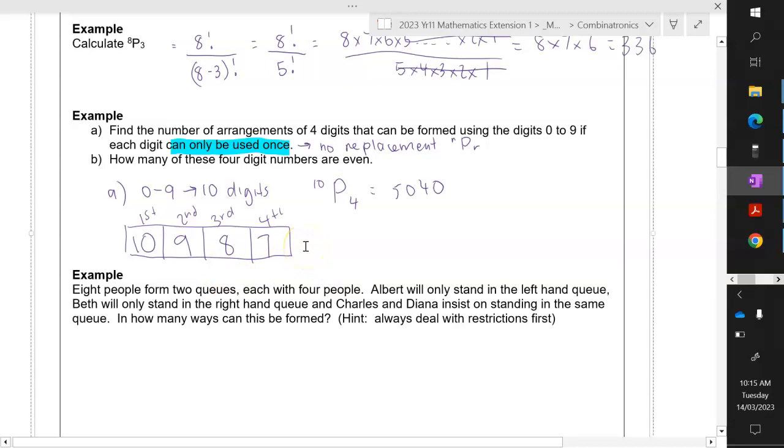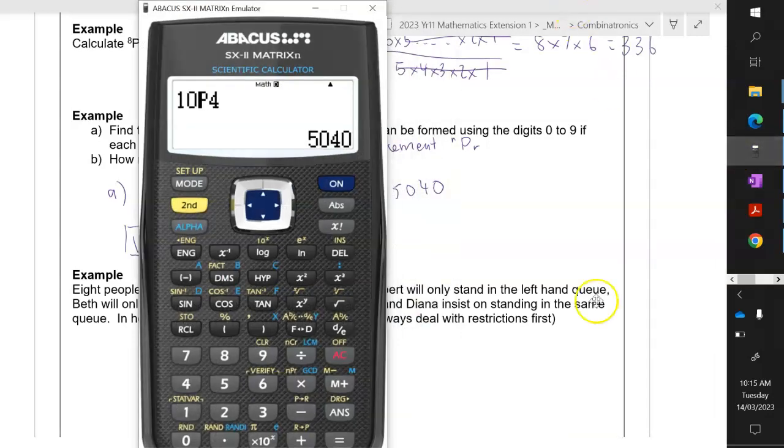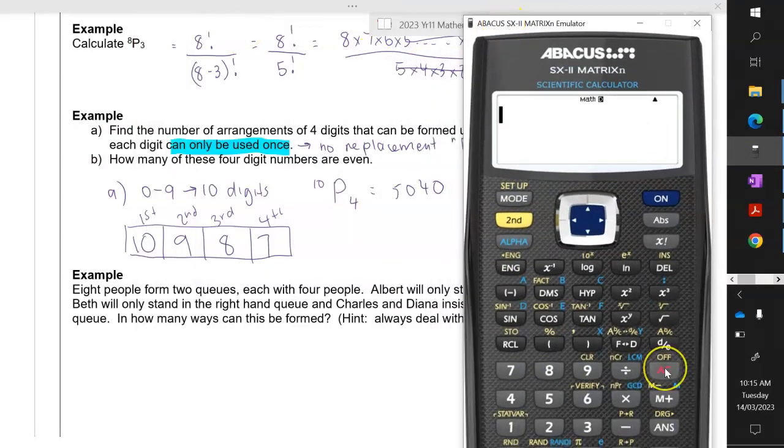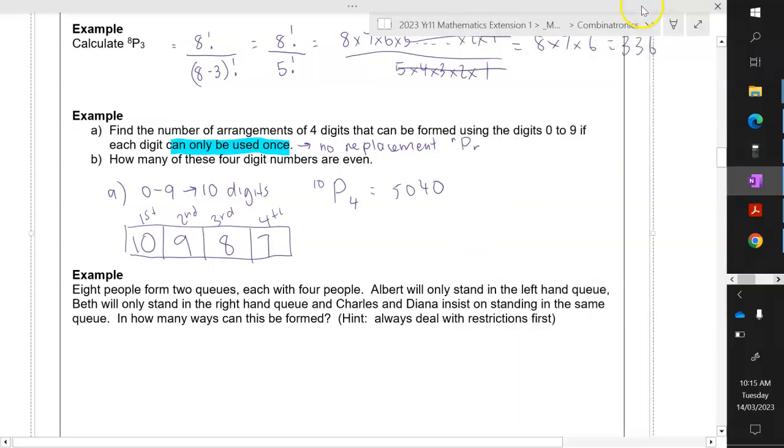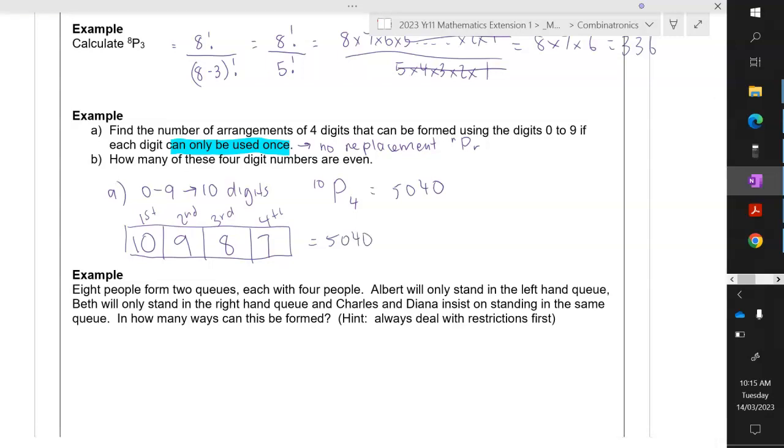So just for interest's sake, grab your calculator, and we've worked out our 10P4 from above, but let's type in and see what we end up with for 10 times 9 times 8 times 7. Oh, it's the same. It's 5,040. And if you think about what's happening there, I know I'm going into great detail, but I really want you to understand this. Our nPr said that it was n factorial over n minus r factorial.